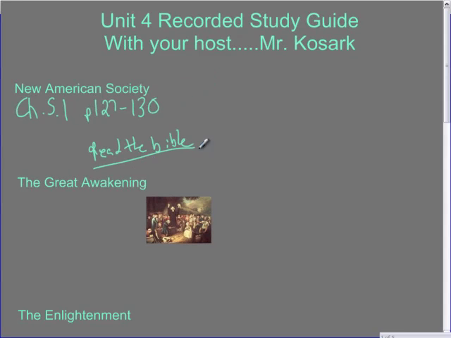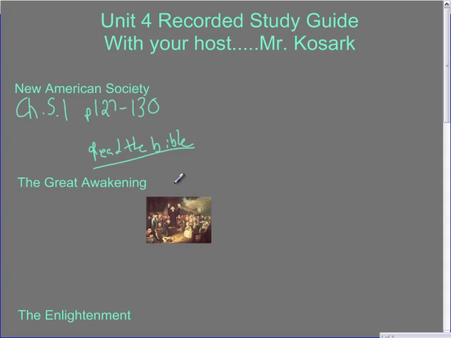So they teach their children how to read the Bible, so that equals a high literacy rate. That's what causes that. This influx in people being able to read allows more information to be spread, and newspapers become popular, and that's a big deal when we get closer to the revolution.